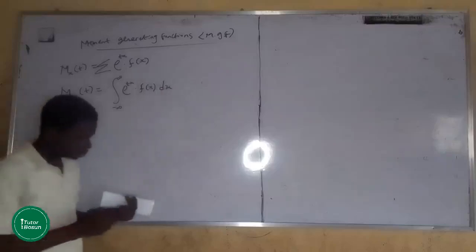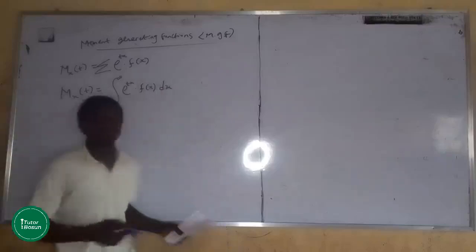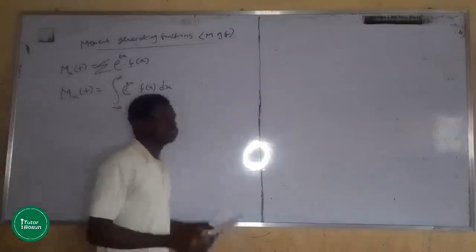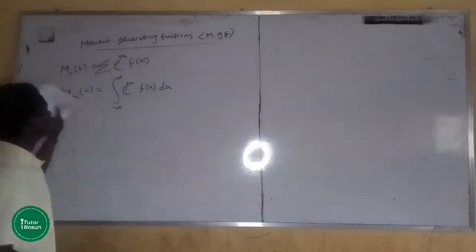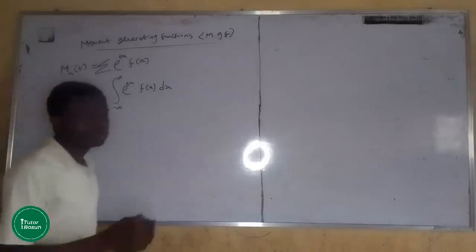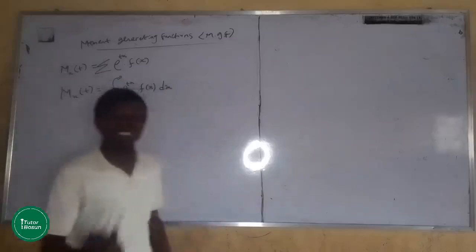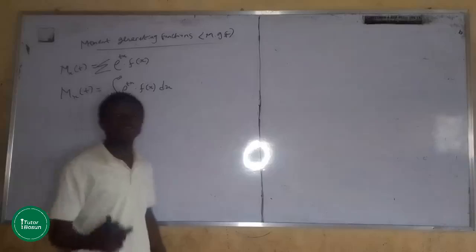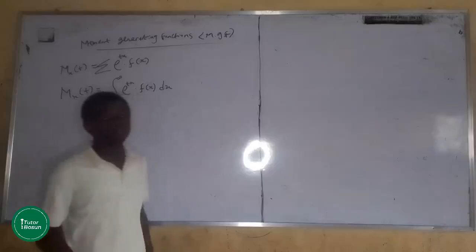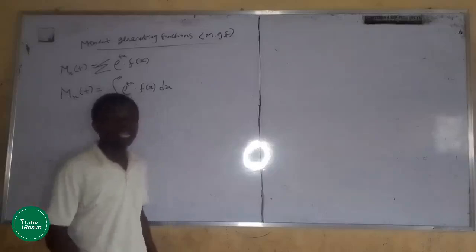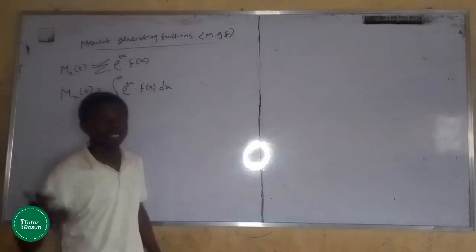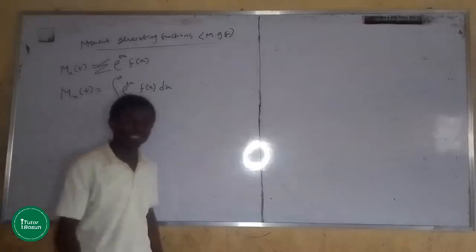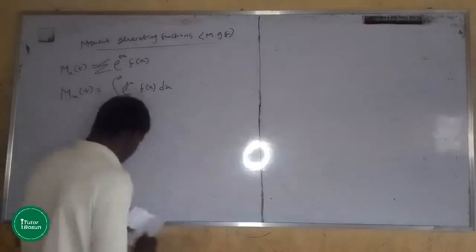That's the formula we use to generate the moment generating function. You can be asked to first generate the MGF of a random variable x, and then use that MGF to determine the variance, the first moment, the second moment, or the standard deviation, as the case may be.